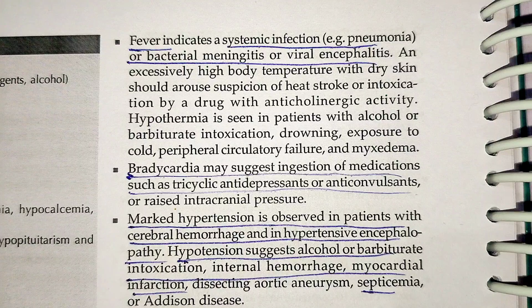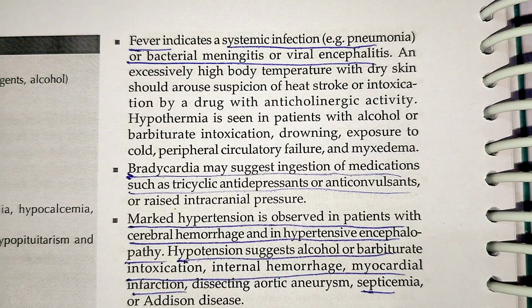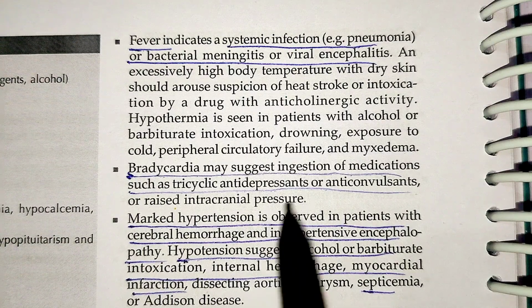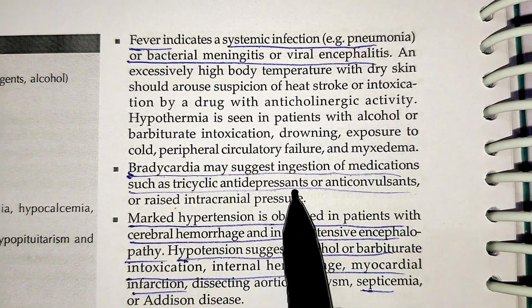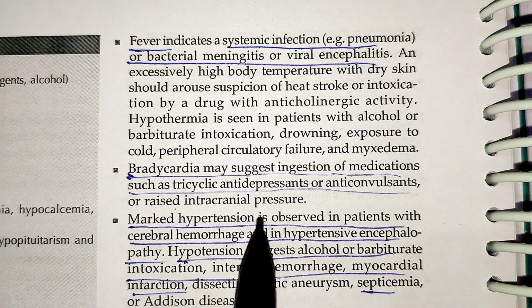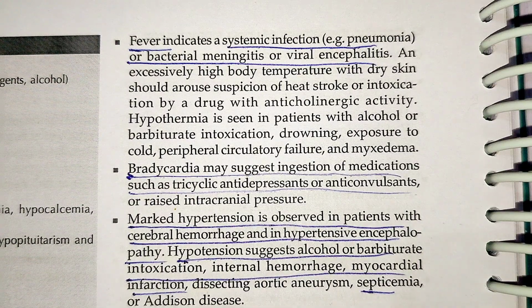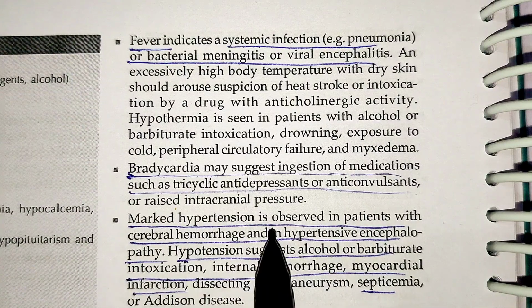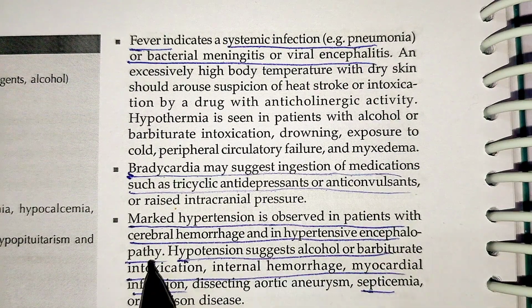Bradycardia is a term used to refer to a reduced pulse rate. So, bradycardia suggests ingestion of medications like tricyclic antidepressants or anticonvulsants. Then marked hypertension. If the blood pressure is high, marked hypertension is observed in patients with cerebral hemorrhage and in hypertensive encephalopathy.